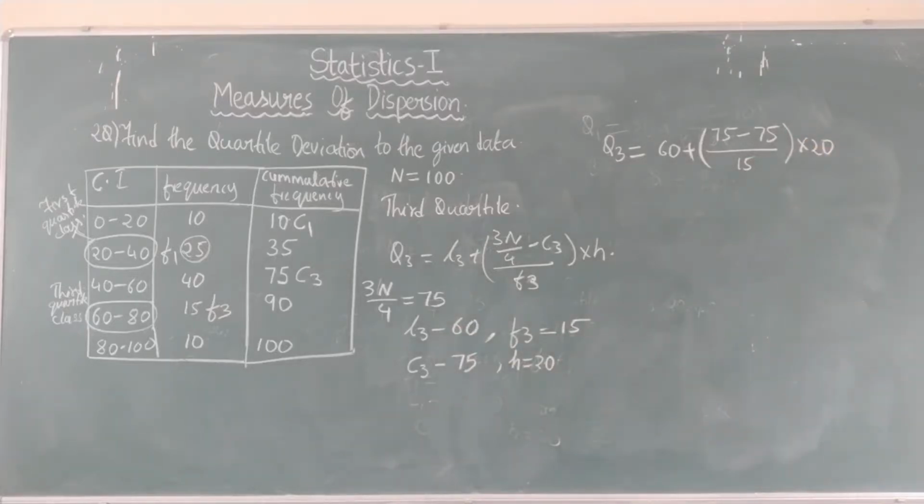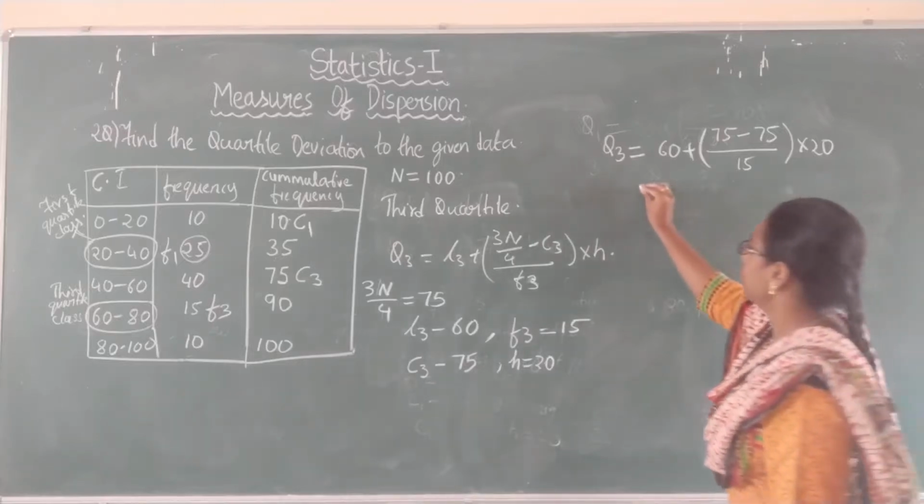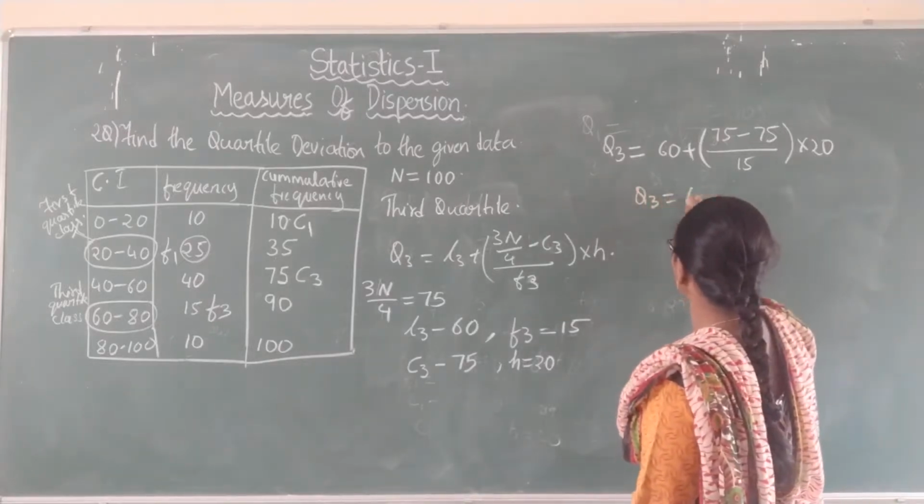So 75 minus 75 is 0, and 0 into anything is 0 itself. So 60 plus 0, the third quartile value is 60 itself. So Q3 equals 60.